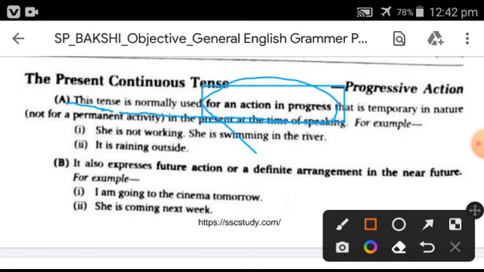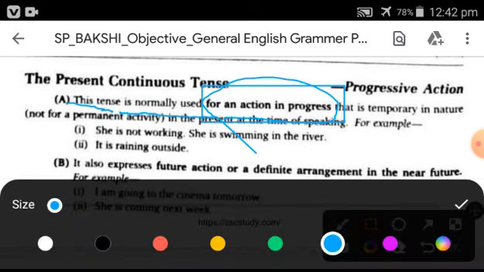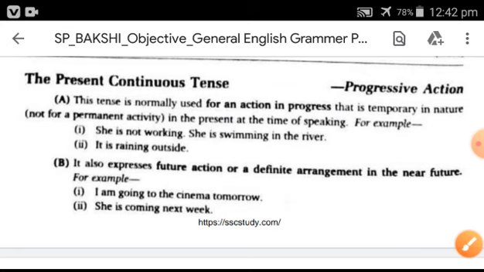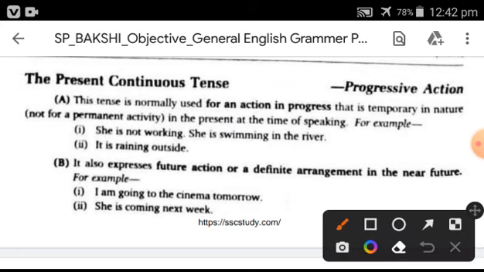Let us try to understand it with a very interesting and amazing example. My first example is, she is not working. She is swimming in the river. It means right now.